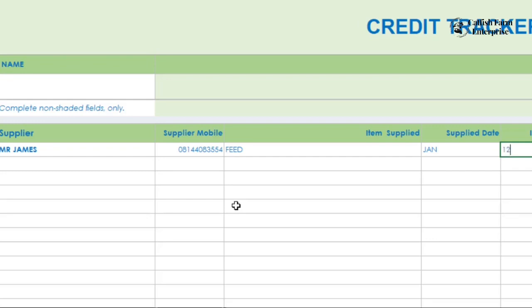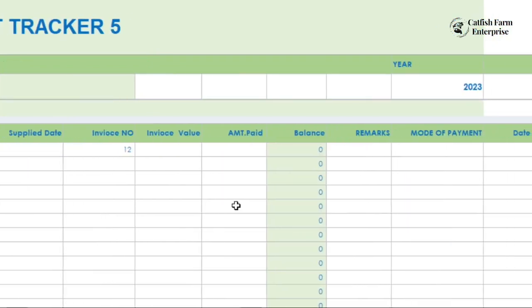The invoice number, you can call it maybe 12. The invoice value means, okay, what is the worth of the supply? And we can say, okay, supply of feed worth 50,000. Amount paid, how much do we pay? Let's say we paid 20,000 and we are owing a balance of 30,000. Then remark, you can also say balance pending.